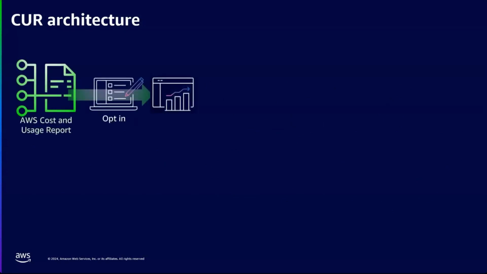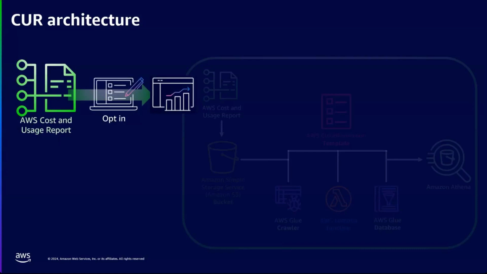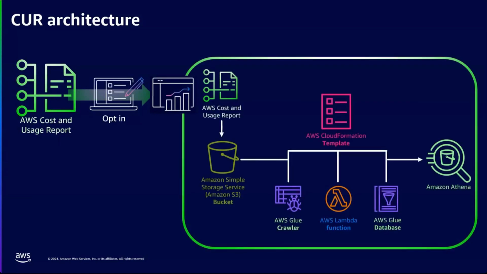Just to go quickly through the architecture of CUR, you might have already set it up in your account, and if not, this will be a quick recap. As you opt in, you get a CloudFormation template from your S3 bucket. Once you deploy that, it creates a Glue crawler and Lambda functions.